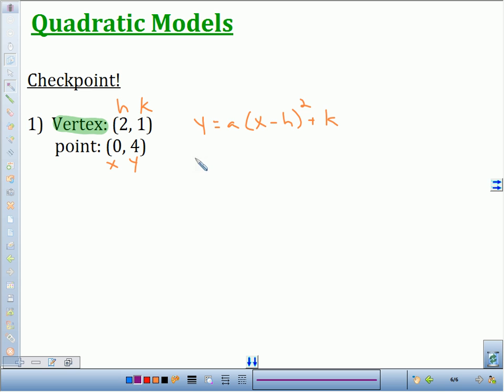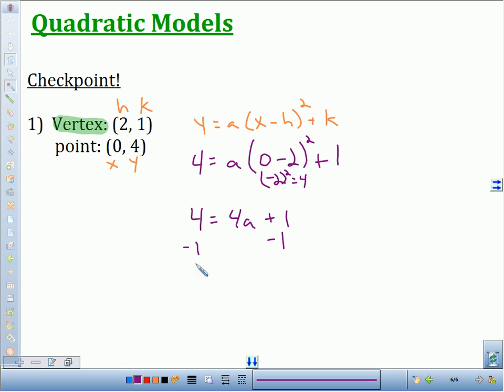All right, y is 4, so 4 equals a, which we don't know, times (x, which is 0, minus 2) squared, remember, we changed the sign, plus k, which is 1. So 0 minus 2 is -2, and -2 squared is 4. So we have 4 equals 4a plus 1. We solve that equation really quickly.